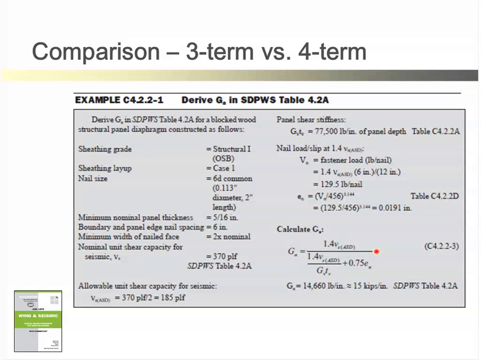And as you work through this example, you'll come up with this value of G sub A, 15 kips per inch, that is tabulated in the wind and seismic standard. So again, we're making it as clear as possible what assumptions we're making to come up with these values.